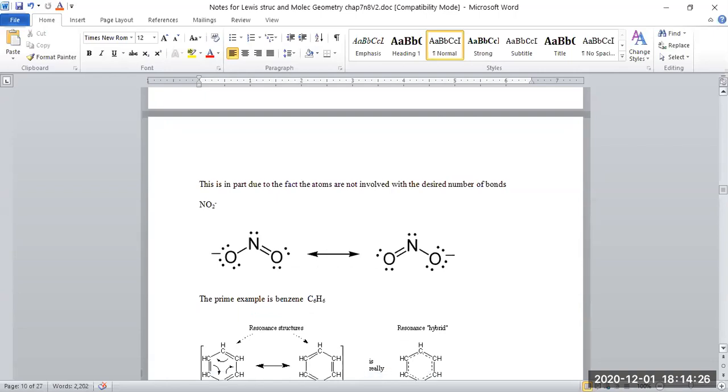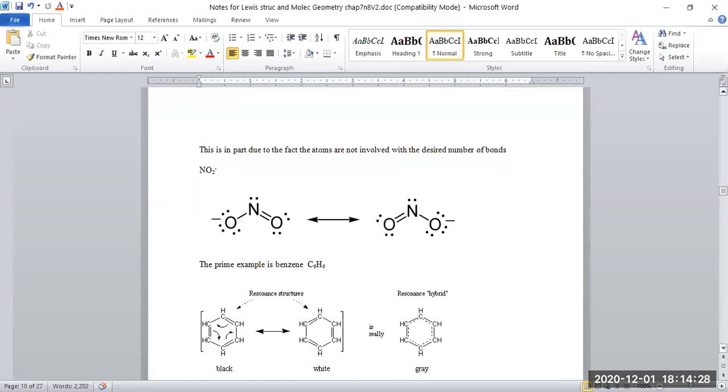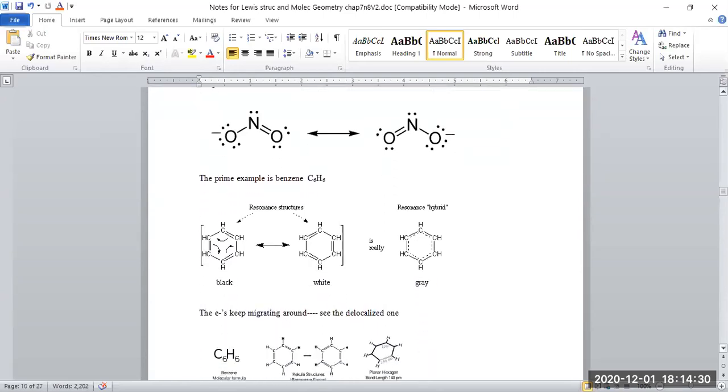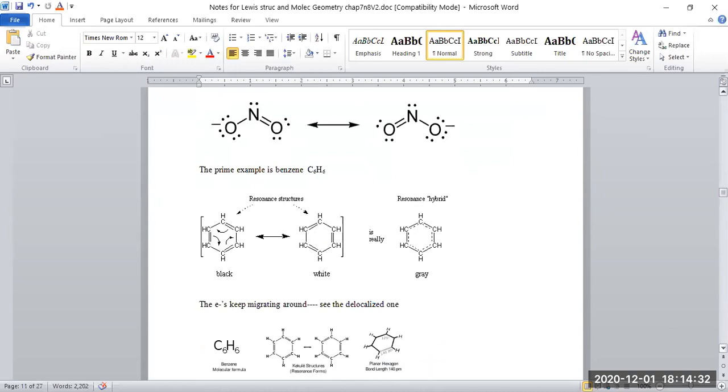So we can't talk about resonance without addressing what I will refer to as the prime example, or the perfect example, of resonance, which is a benzene molecule. We saw benzene mentioned briefly in passing back when we were talking about thermochem, and I said it would pop up again. So benzene is a hexagon.